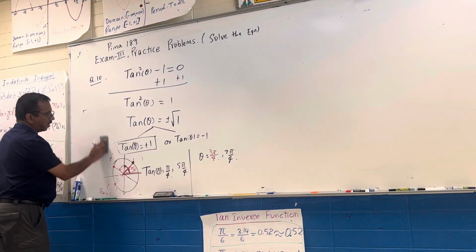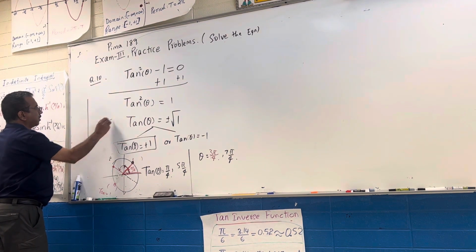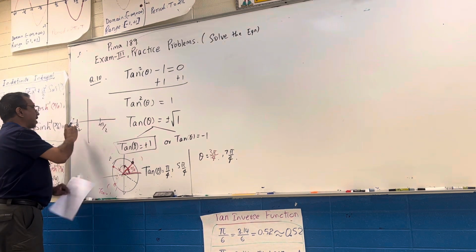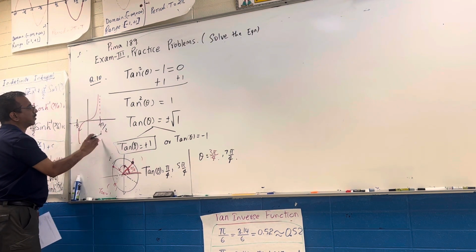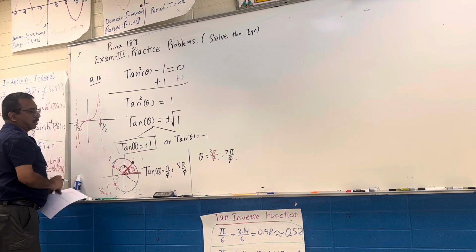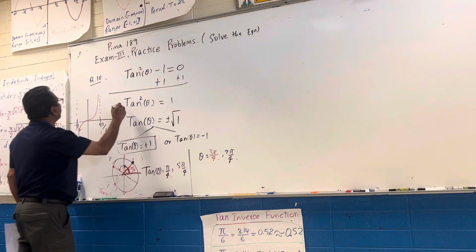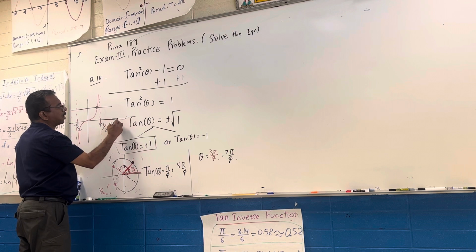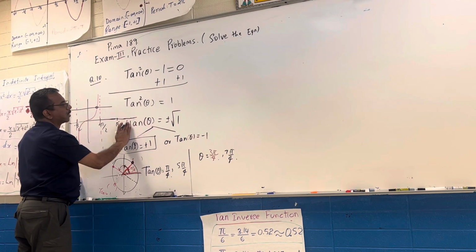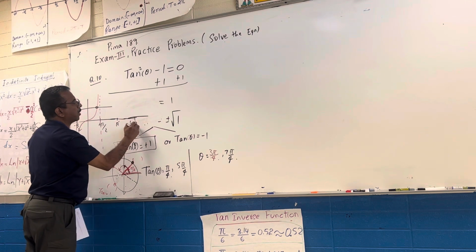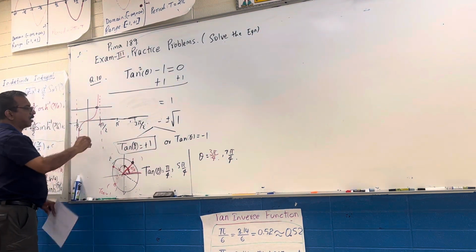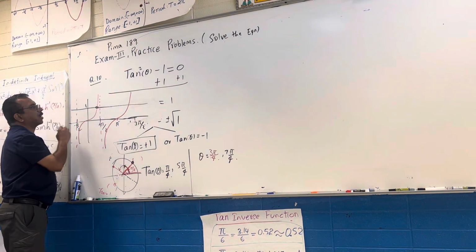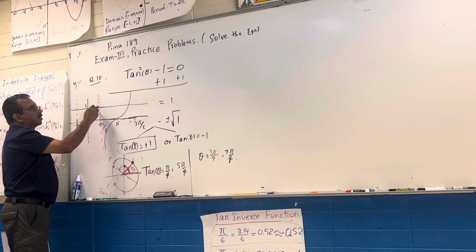The graph of tan, this is minus pi by 2 and plus pi by 2, has vertical asymptotes. So if you say tan equals 1, that means it cuts in one place here. And the graph also continues this way, to 3 pi by 2. I can draw a line, y equals 1, a horizontal line, it crosses here, crosses here.